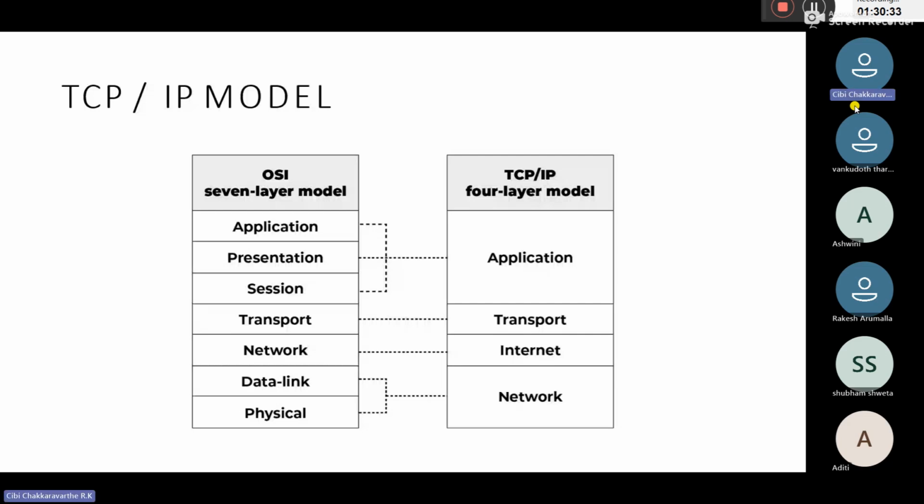Any doubts as of now in this session? We came across some slides, like the pin diagram, not only in this session but in the previous session also. If you have any doubts, please ask now. No doubts, sir.